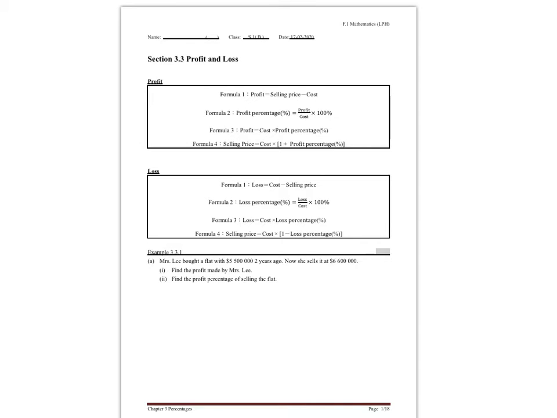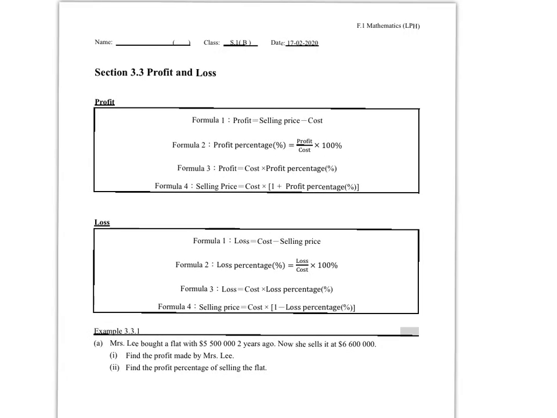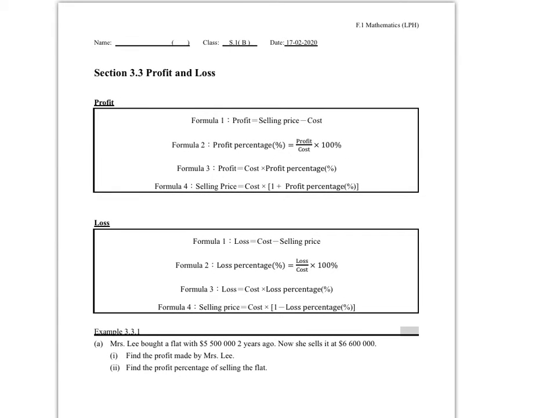To conclude, let us recall the formulas. You can see that for the profit and loss, the formula 1, they are similar. The difference is for the profit is equal to selling price minus the cost. And for the loss is equal to the cost minus selling price.